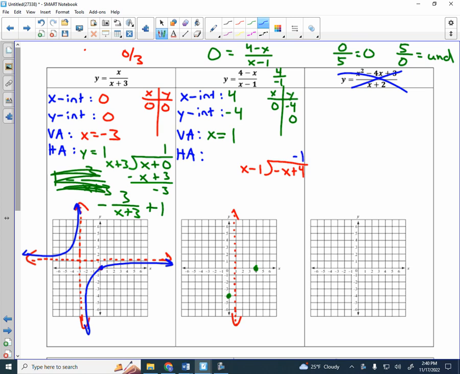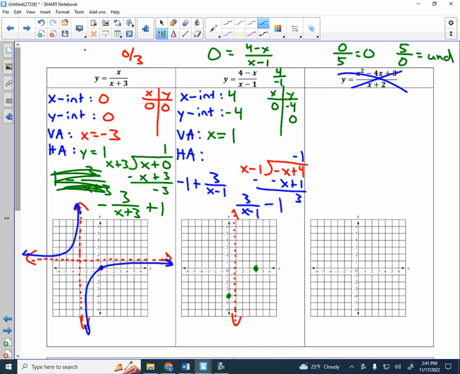Multiply that back through, and we get a negative x plus 1. What do you get when you subtract? 3. So therefore, we have negative 1 plus 3 over what? X minus 1. Or you could write it as 3 over x minus 1 minus 1.